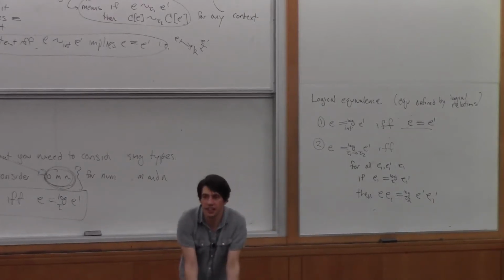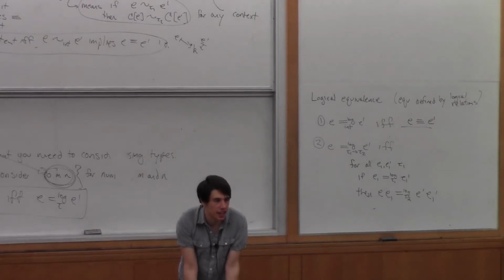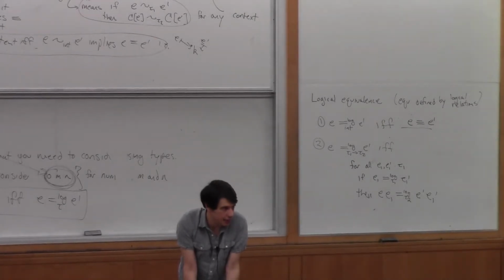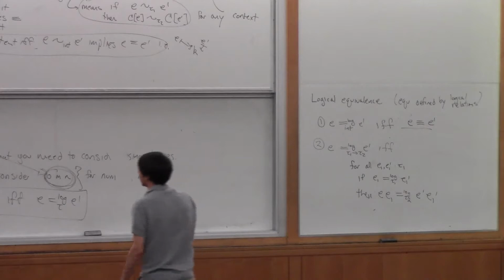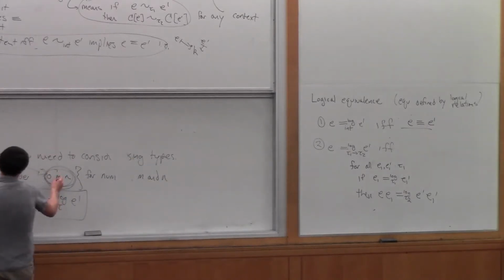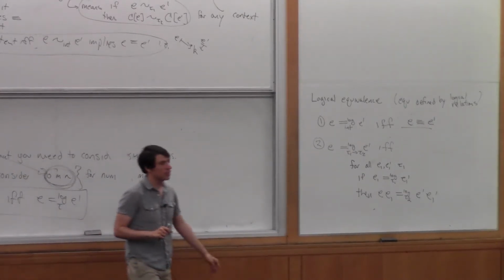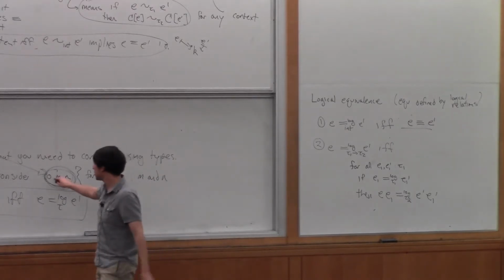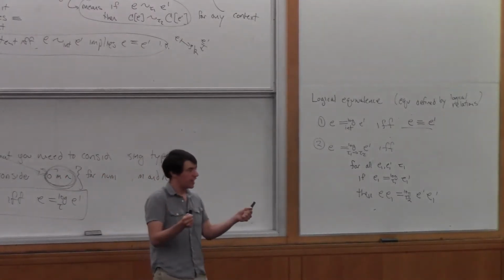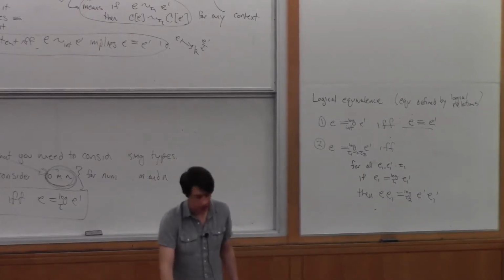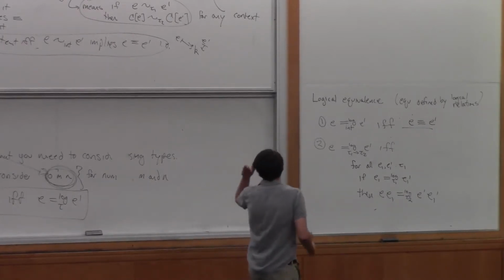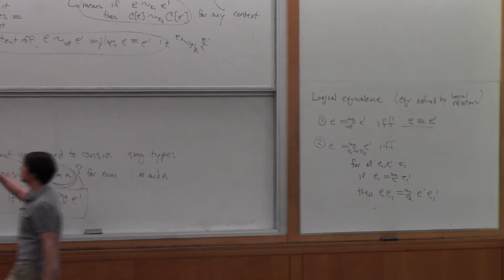Which is to say, two functions are logically equivalent if, and only if, they take equal arguments to equal results. This is a way of codifying that it should be enough, for functions, to consider contexts that consist of applications.